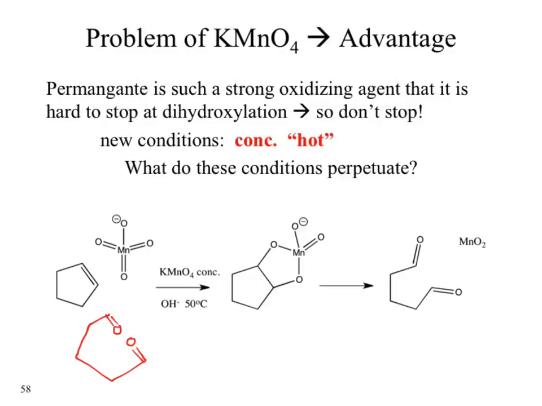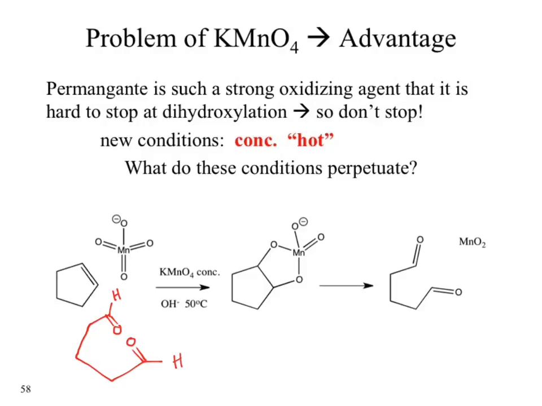The next part of this is realizing that we are doing an oxidation reaction. Permanganate can't stop oxidizing. It just oxidizes the crap out of whatever it touches. And when we looked at our oxidation reactions, it's increasing the number of oxygen bonds, and it is also decreasing the number of hydrogens. So when we look at this intermediate, it still has hydrogens connected to those carbons.